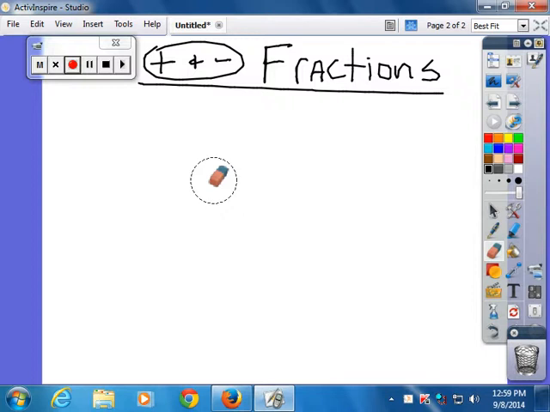So let's do something simple. 1 over 3 plus 2 over 7. Well, there's a rule here that you can write down. If the denominators are prime, what can you do to them? Multiply them together.